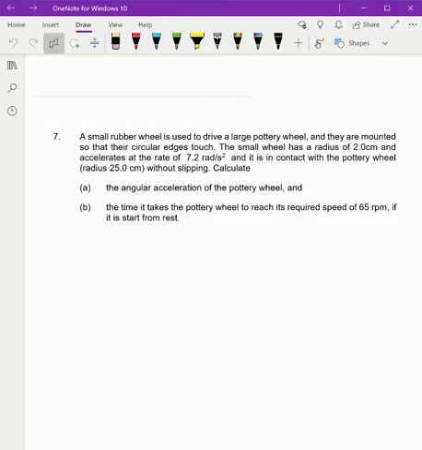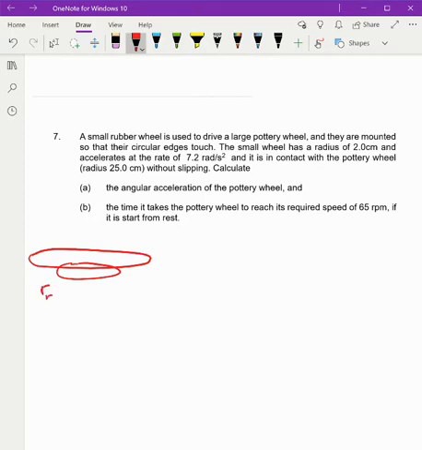Okay, so we assume, I'm not sure whether it is the top or bottom, but we assume. So there is a small wheel, and then another big wheel. This one is the rubber, so the information that we have is R for rubber.